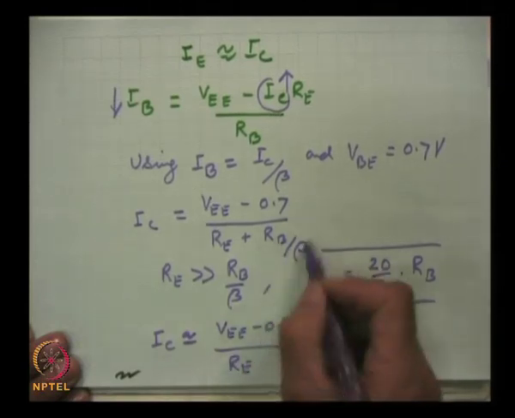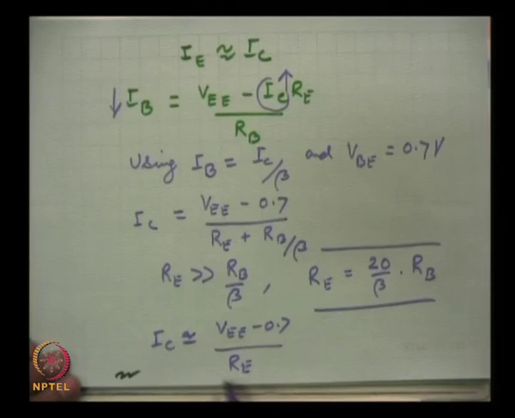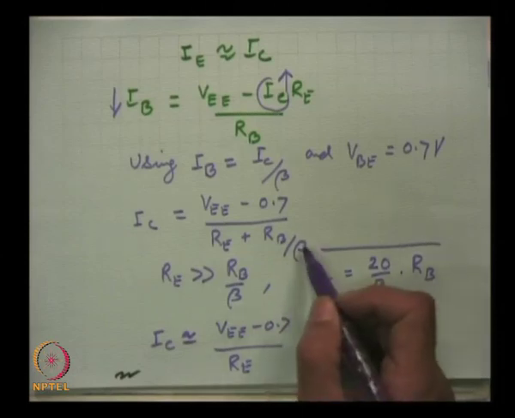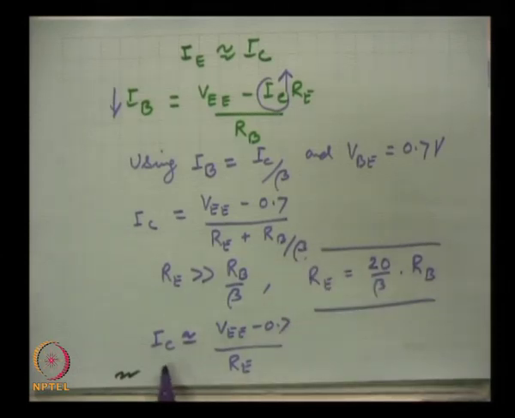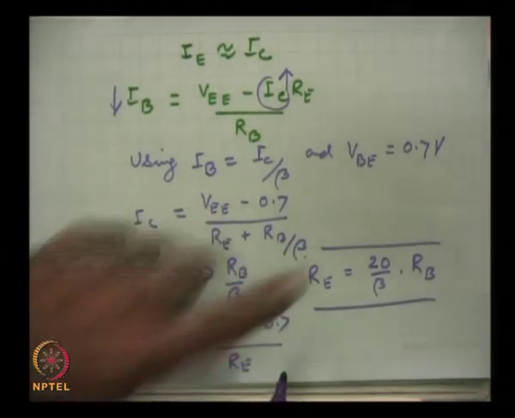We can drop this term, and this shows stability achieved through any variations in the value of beta, because final current, the collector current, is irrespective of this value beta.